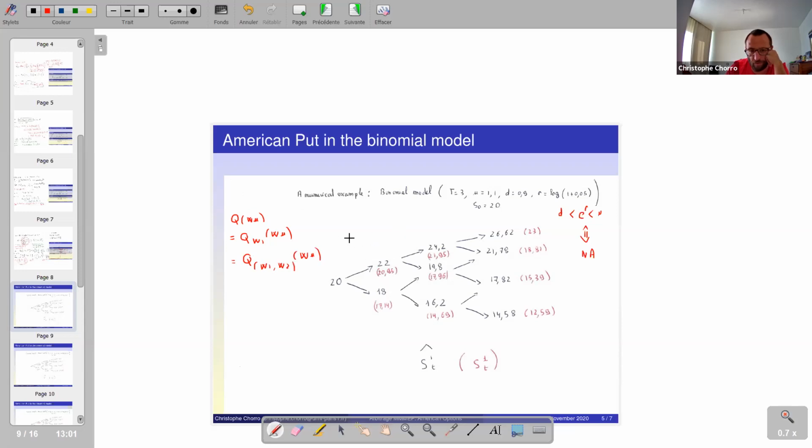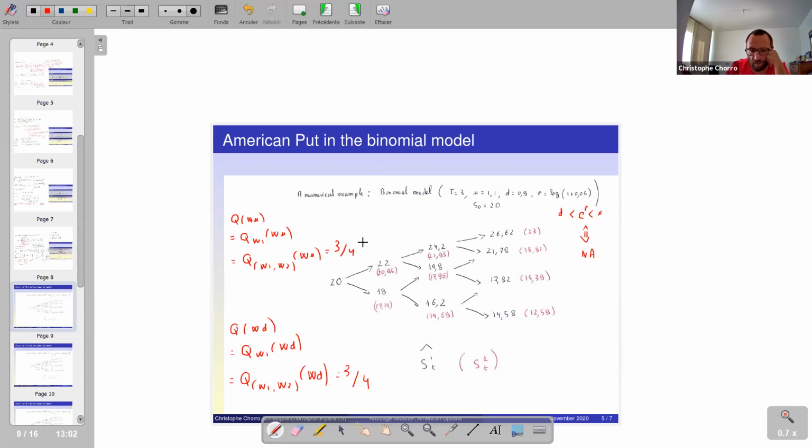I have done the computation here. It was 3/4. In the same way, Q of ωD for this model was equal to Q of ω1 ω2 ωD. That was equal to 1/4.